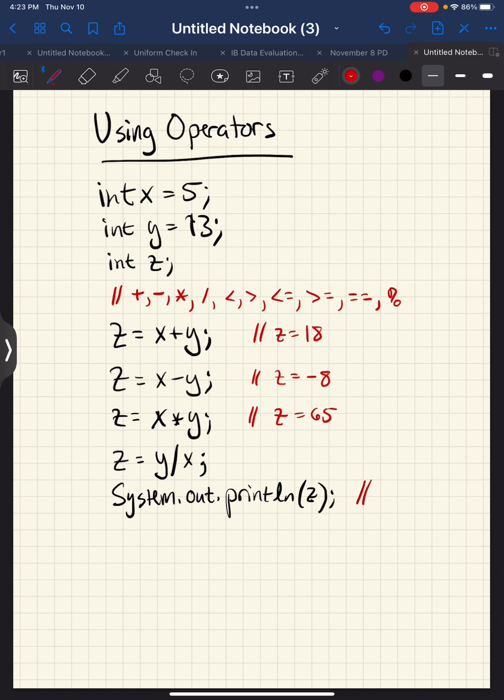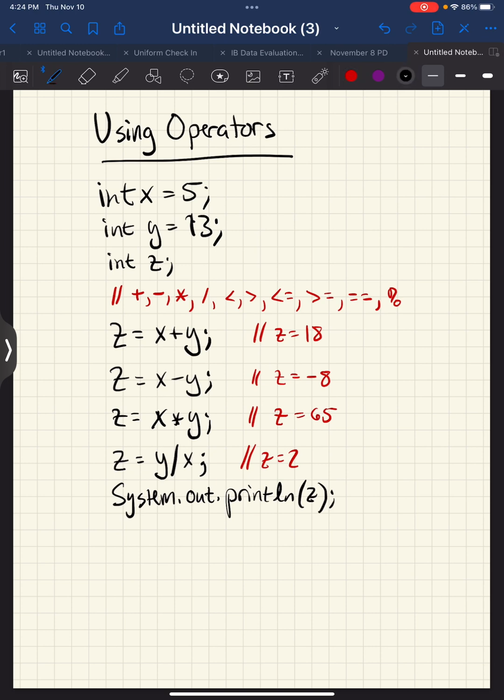How many times does 5 go into 13? 5 goes into 13 2 times. So z is going to be 2. And this is going to print 2. It's not going to print 2.6. It's going to print 2 because it does integer math.